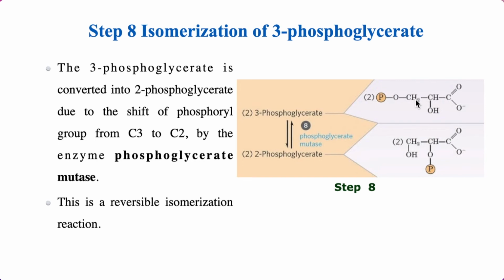So it is CH2OH. You can add hydrogen here. So CH2OH, and this hydrogen is shifted here and the phosphate is going to shift here. Change the structure like this: CH2OH here, CHOP, the remaining are the same. This step is a reversible isomerization reaction.